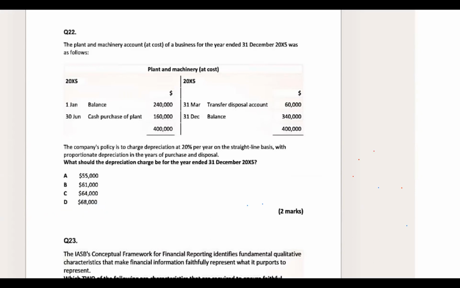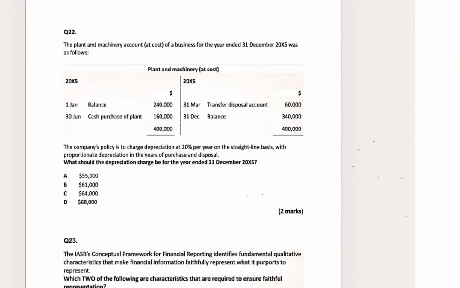Why choosing the balance carried down? Oh, okay. My submission.